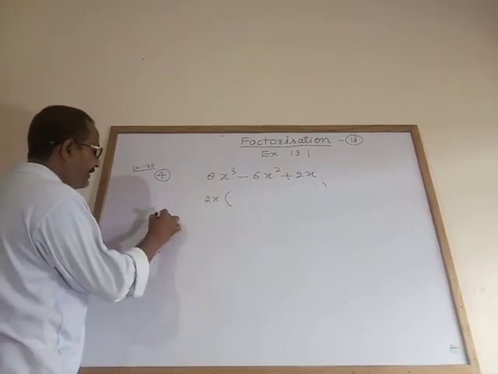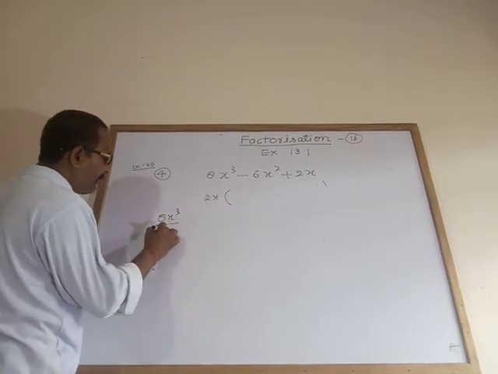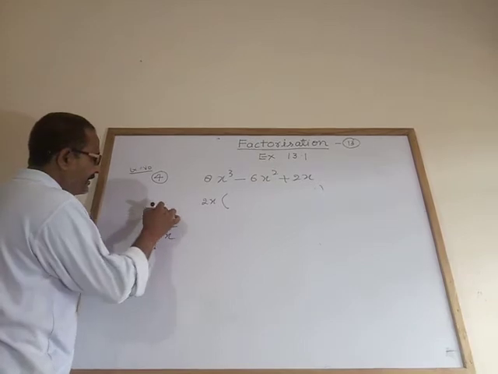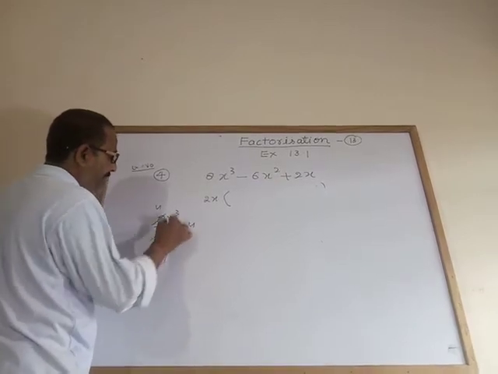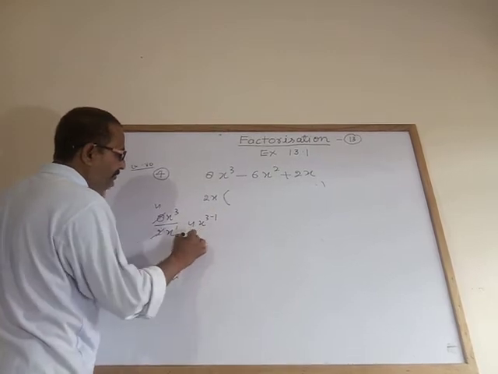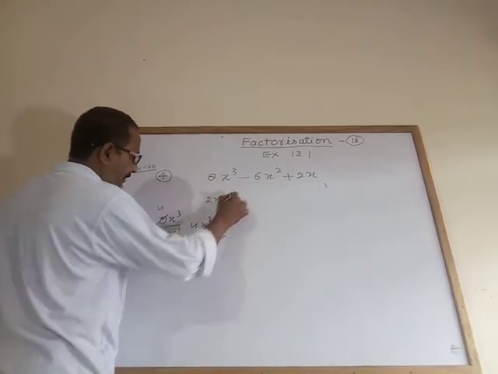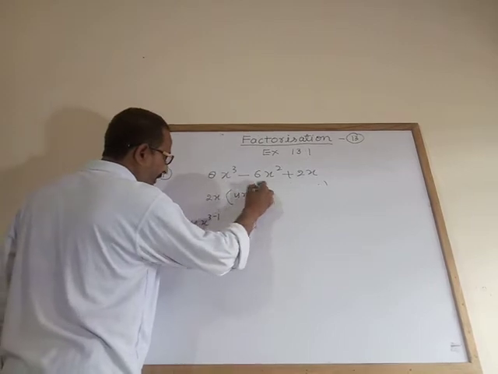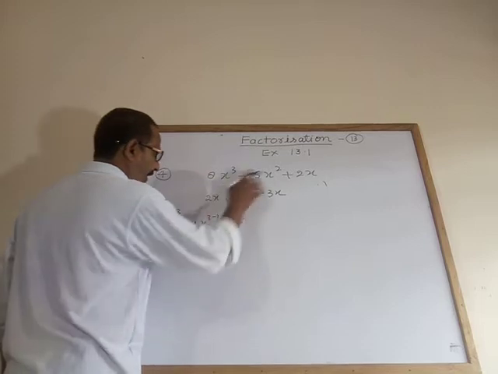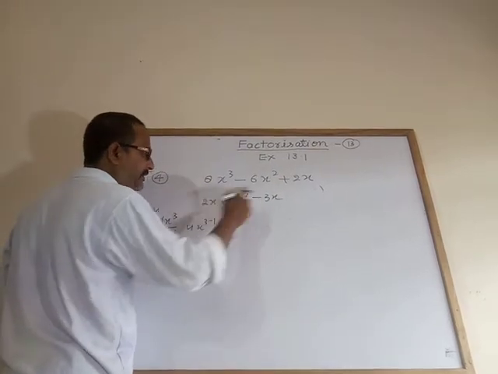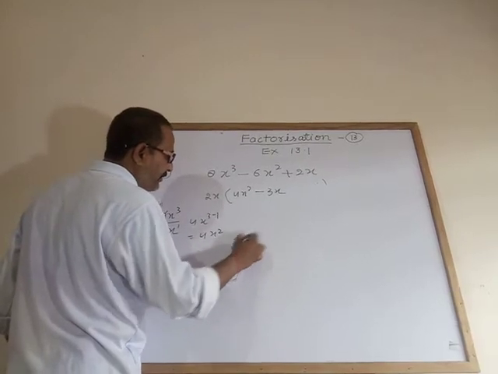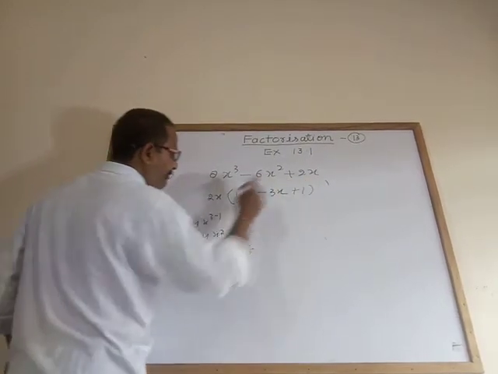Now 8x to the power 3 divided by 2x: here remaining 2 4s are 8, x power 1 here, means 4x square. Similarly here 2 3s are 6, 3x square divided by x. What is here? 2x divided by 2x. What is remaining? Plus 1.